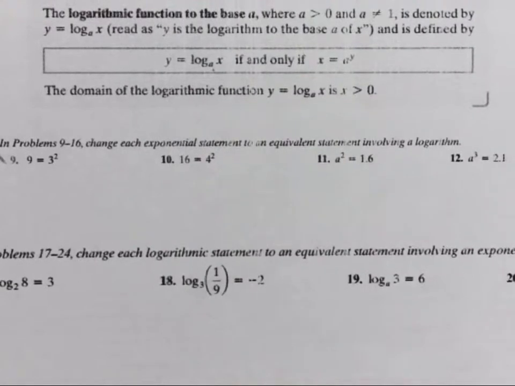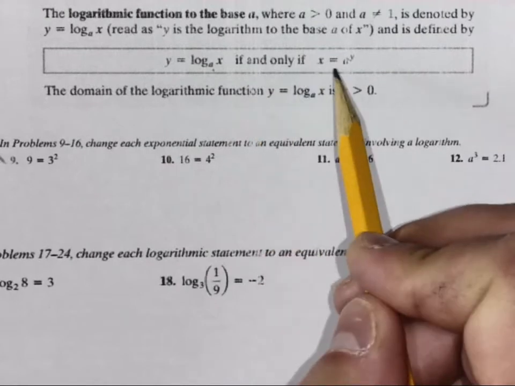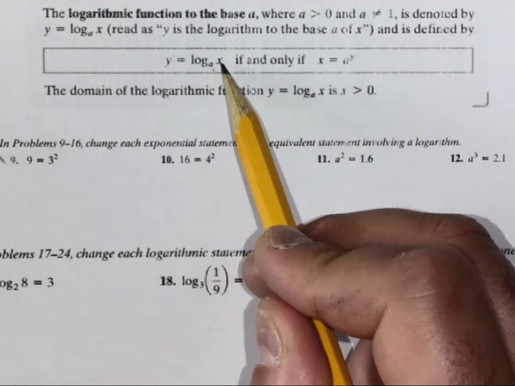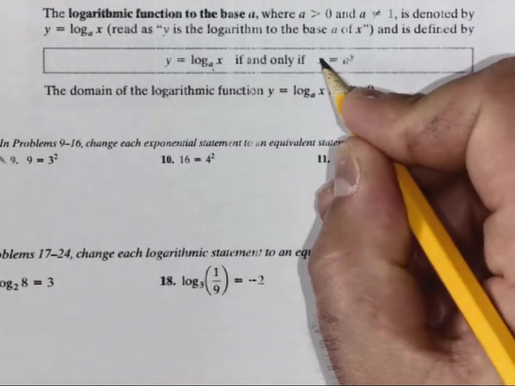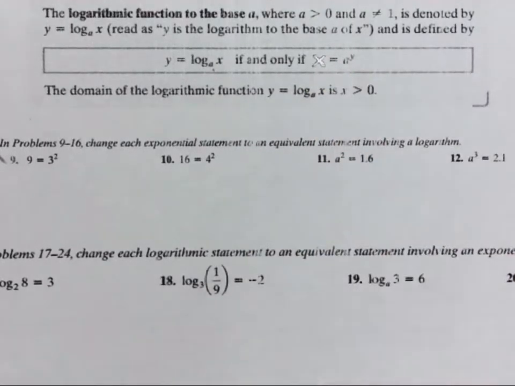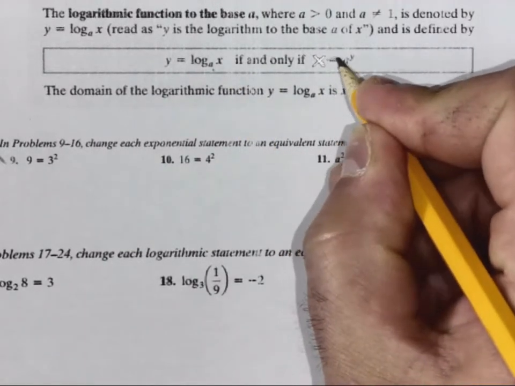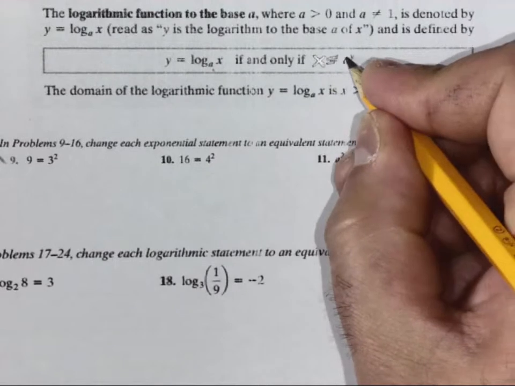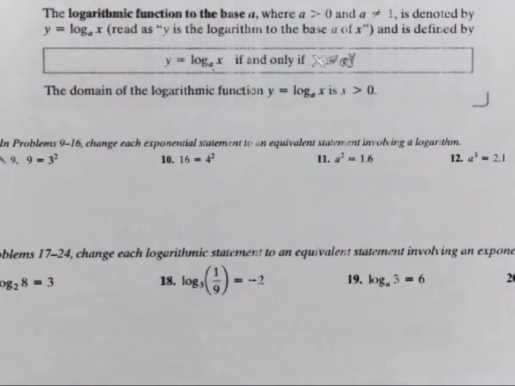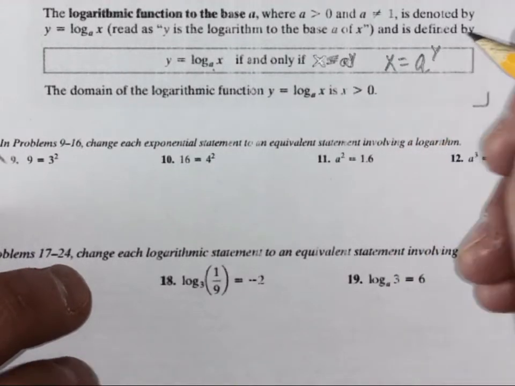We can rewrite logarithms into exponential functions using this model. So if y equals log base a of x, then x, which is what you're taking the logarithm of, is equal to a to the y. Let me just rewrite this completely so you guys can see better.